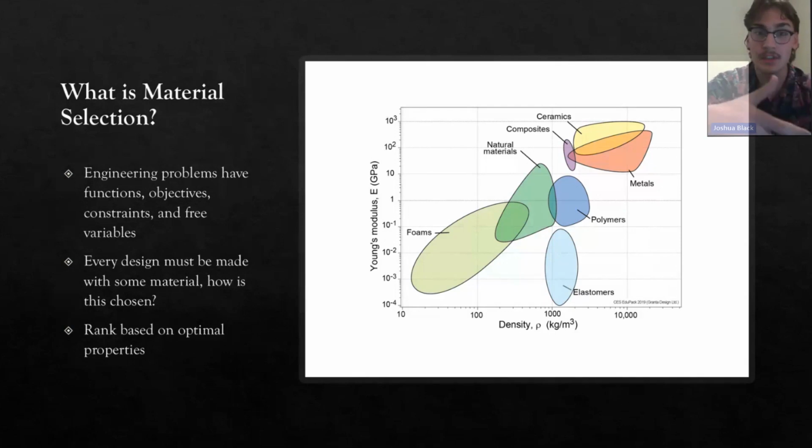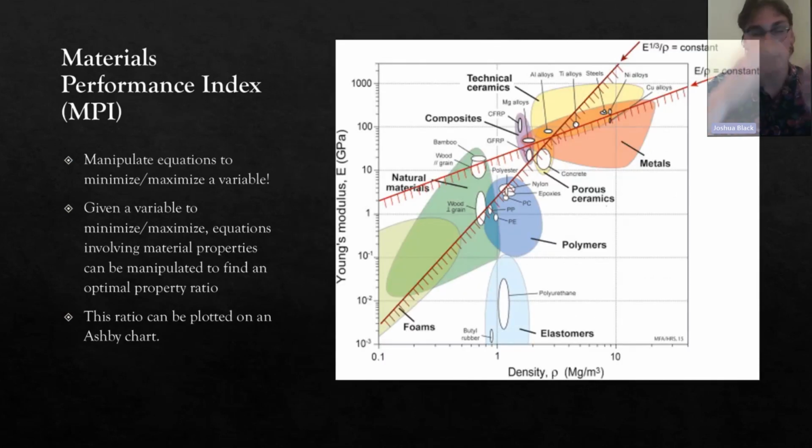Our goal is to manipulate these equations to create a ratio of material properties that we can then optimize under material performance indices. So what's a material performance index? Essentially, as I mentioned before, during a material selection process, we are given different materials or different equations to manipulate. From there, our goal is to end up with an equation that has some kind of ratio of two or more material properties.